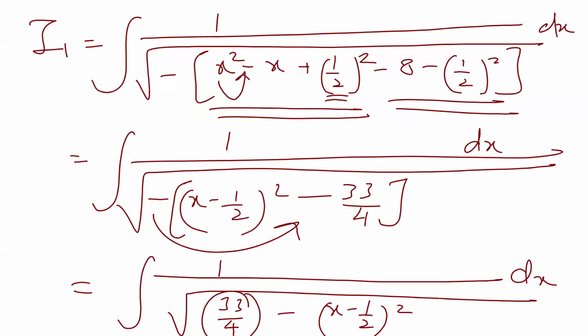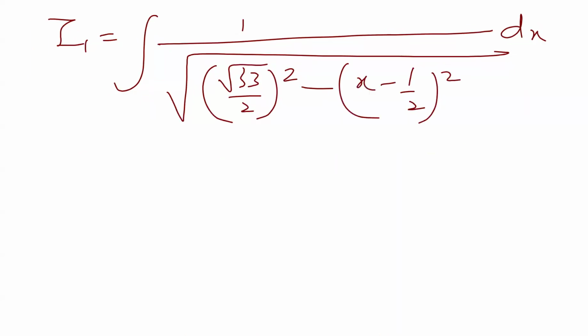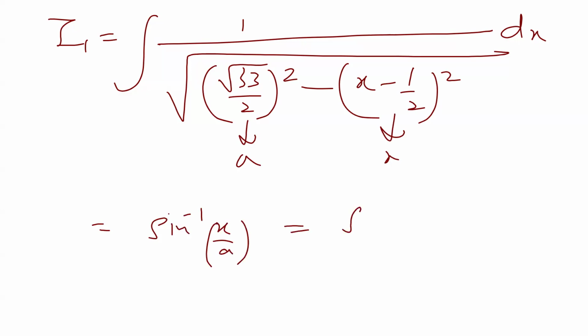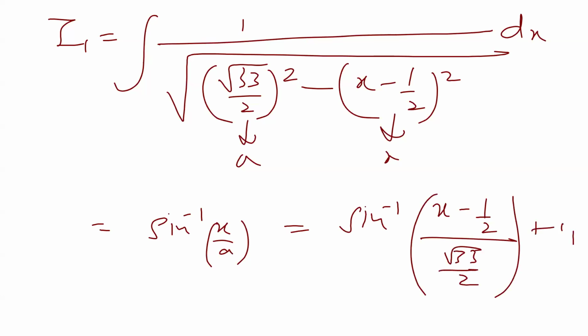So this 33 by 4 I'm taking as root 33 by 2 the whole square. So this is a and this is x. The formula is 1 upon root a square minus x square. So this equals sine inverse of (x minus half) upon (root 33 by 2) plus c1, because this is I1, upon d by dx of (x minus half).